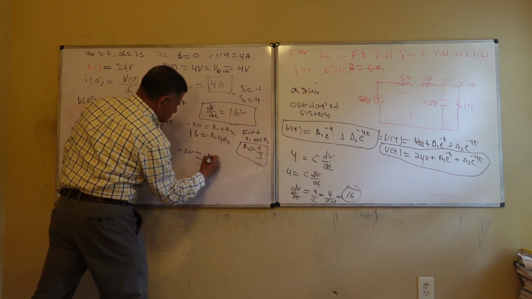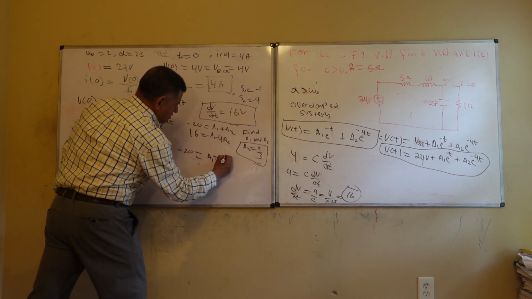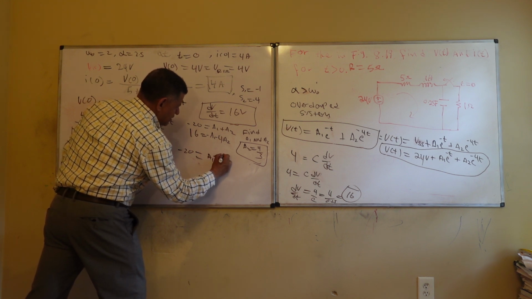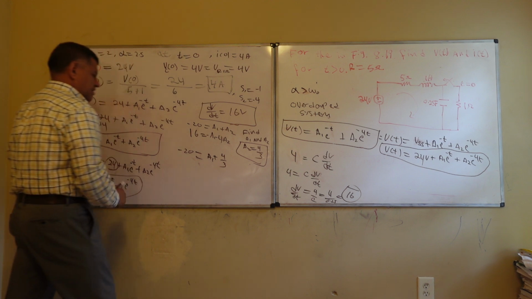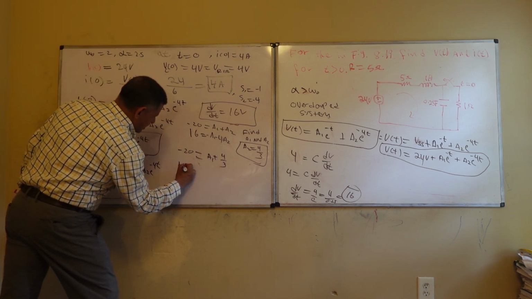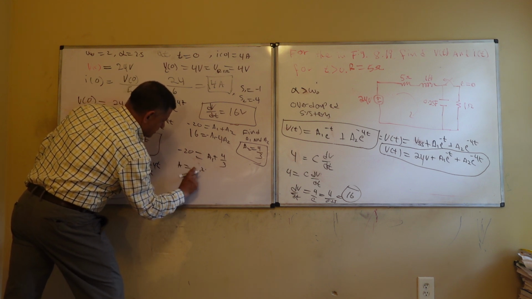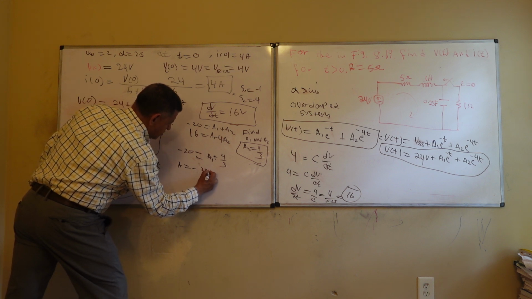So I'm trying to find A1. A1 is equal to negative 20 minus 4/3, moving this to the other side.